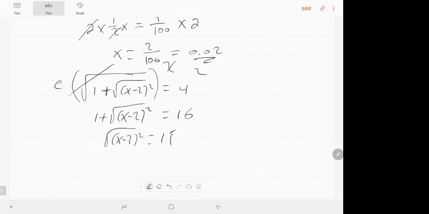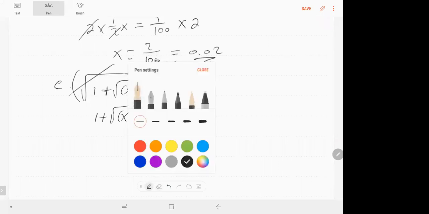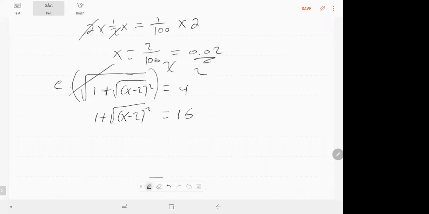Again we can take the square of both sides. Sorry. When we transfer this number to this side, the square root of x minus 2, squared, is equal to 15.